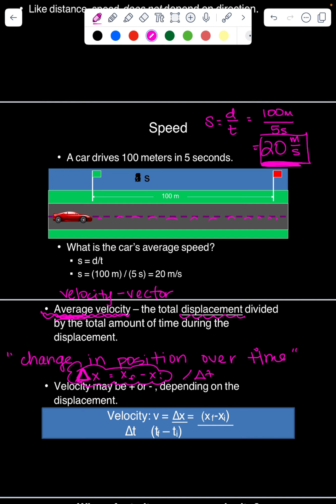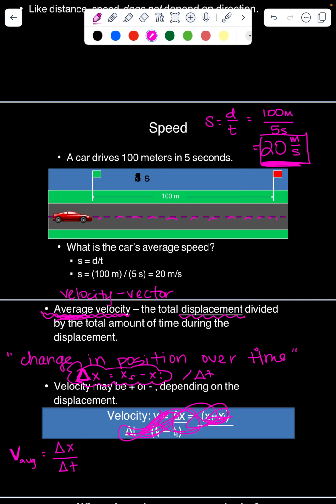So what I want you to do here, it's weird right here. Let's just X that out and rewrite it down here. So what that is saying is that velocity or average velocity, so you'll see it either as V or V sub AVG, so that's average velocity, is equal to that change in position, that delta X, our displacement, over our time interval.